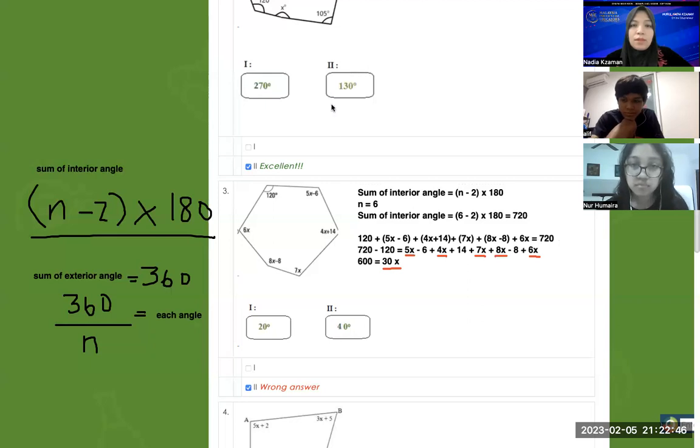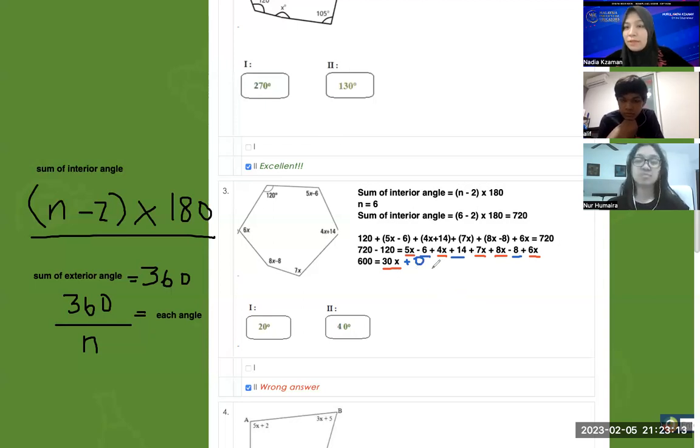So the next one is the number. So the number we have minus 6, we have plus 14, and then we have minus 8. So minus 6 plus 14, we get 8. Plus 8 minus 8, we get 0. Is it correct? Yes. Do you agree?